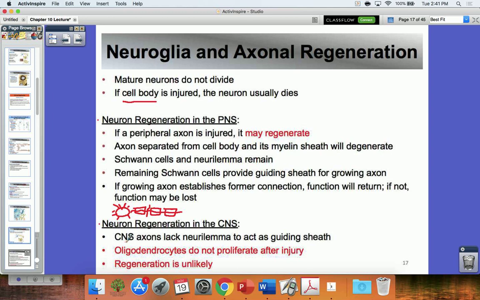And the Schwann cell could possibly proliferate, make more, but oligodendrocytes, they don't. So after they're injured, they won't make any more. And so more than likely, if brain cells or cells within the spinal cord are damaged, the cell will die and regeneration is not going to happen and function may be lost.